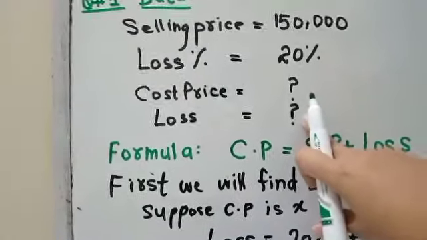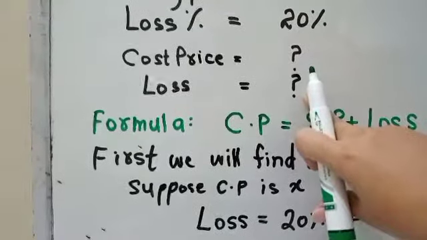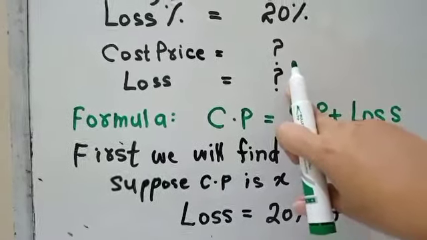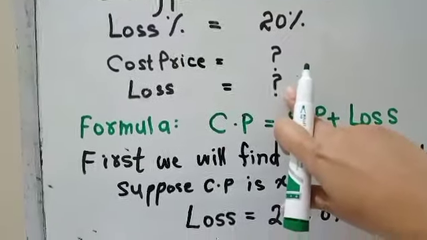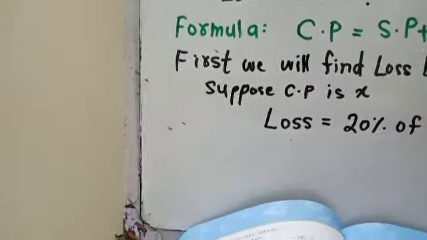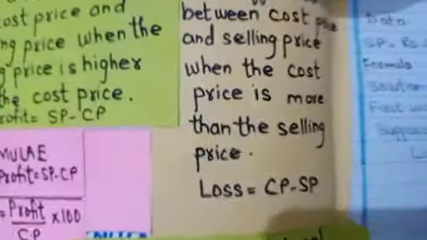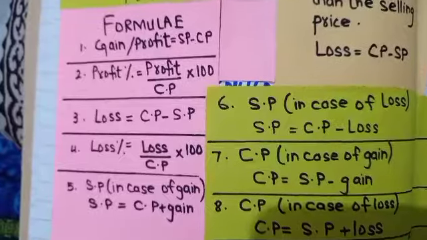Now please remember that you have to keep all the formulas right in front of you. I hope you have written formulas in the beginning. Whenever you are doing these questions, keep all the formulas right in front of you. I have to calculate cost price. So I will go back to my formulas and I will see which formula I will use. Here, these are the formulas.